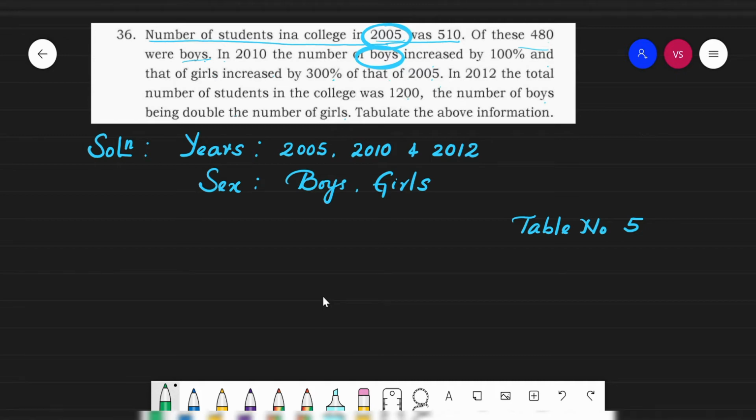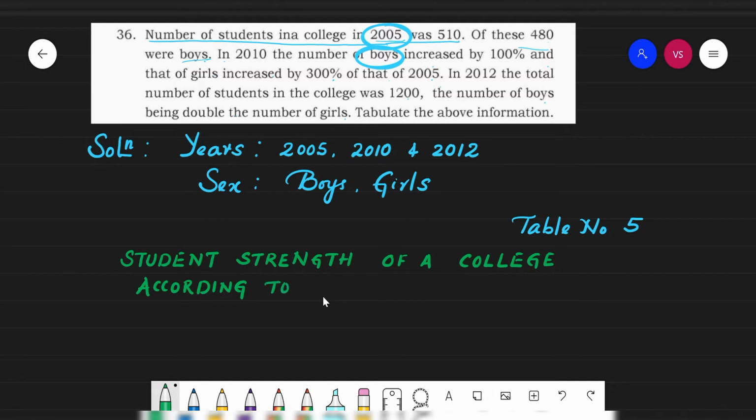Student strength of a college according to sex in 3 different years.